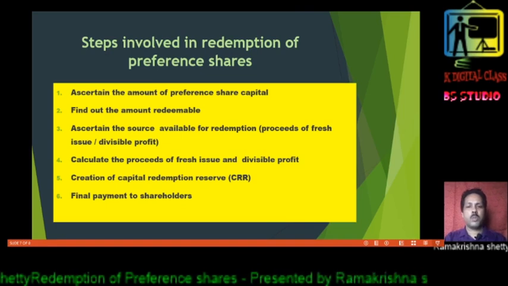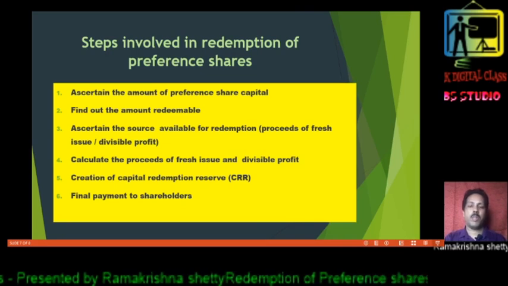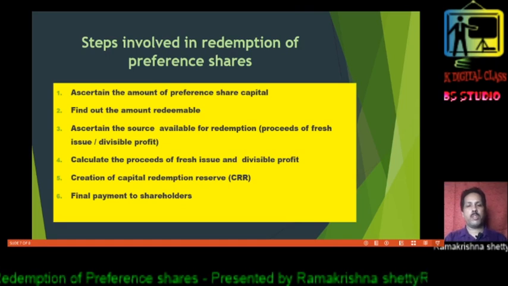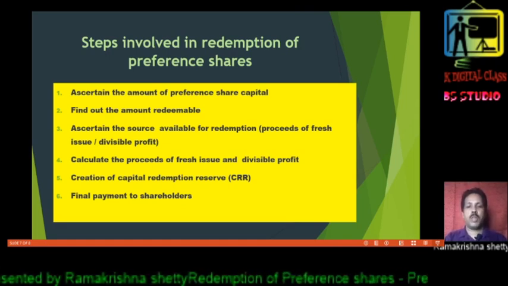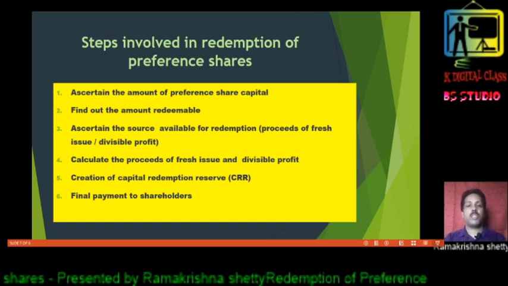Point number 4, calculation of proceeds of fresh issue and divisible profit. Once they mention the source, we have to find out the proceeds of fresh issue, that is the actual amount received by issue of shares, equity or preference shares. Here we have to remember, in case of issue of shares at par or at discount, the actual amount collected is to be taken as proceeds of fresh issue.